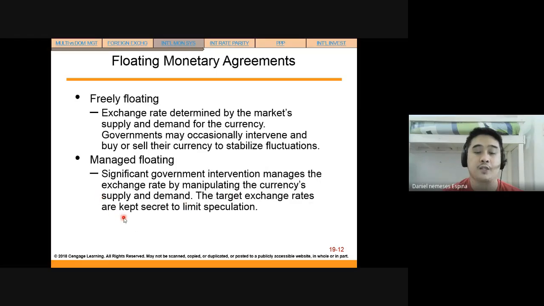Because if the speculators, or those who are engaging in forex trading or foreign exchange trading, already know the target exchange rate, they can automatically sell their currency if the target has already been attained. So to prevent that from happening, the government in the managed floating system should keep the target exchange rate a secret.